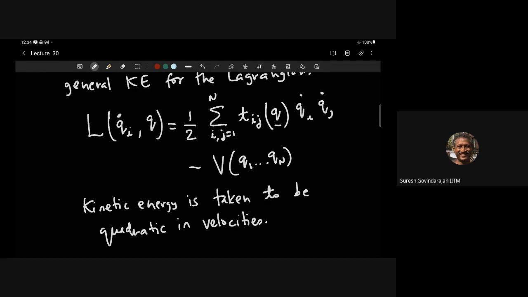This is fairly generic, and also takes into account that the coordinates need not be Cartesian. In the example I just did it was Cartesian coordinates, but in the exercise I gave you it was not.